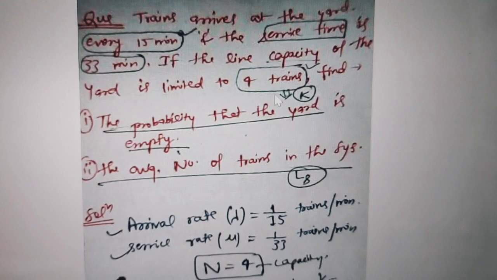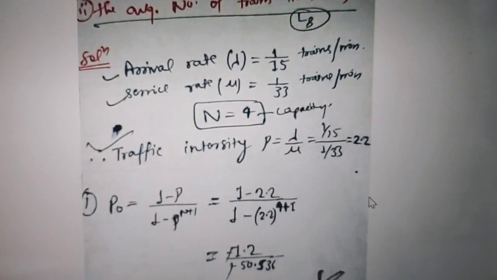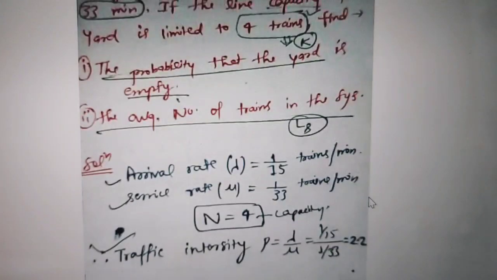Capacity is limited to 4 trains, so N is fixed as 4. The traffic intensity rho is equal to lambda by mu, and putting in the values we get 2.2.